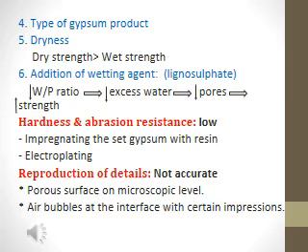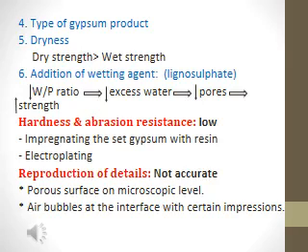The last property is reproduction of details. Actually, the gypsum products are not very accurate because the surface of this material is always porous. When you observe it under a microscope, you will find that the surface is porous. Of course, this is because of the excess water that evaporates by time.